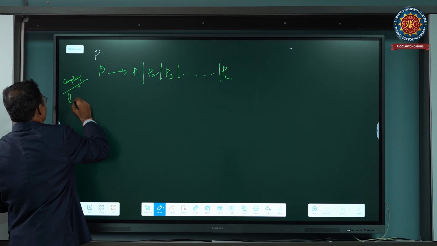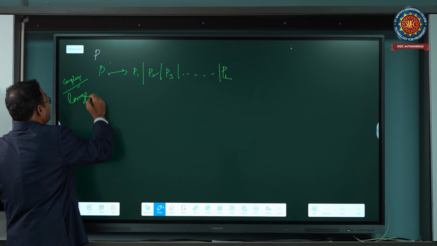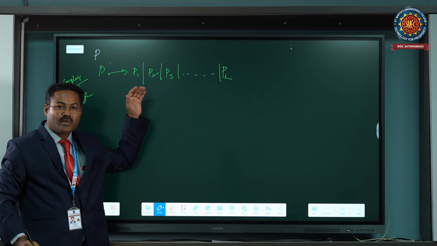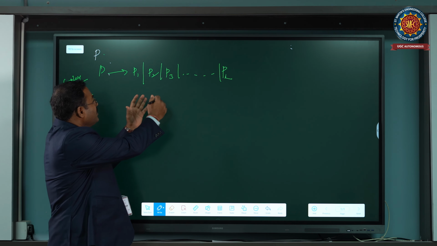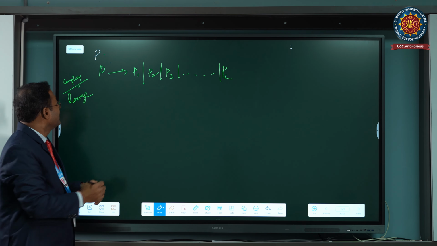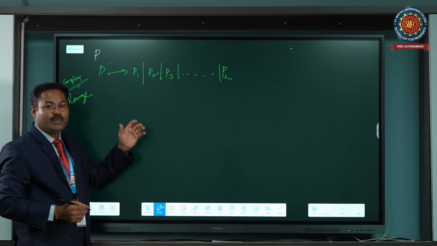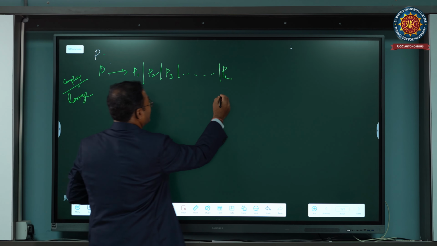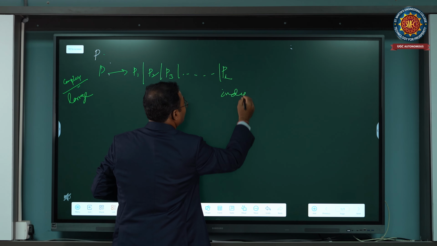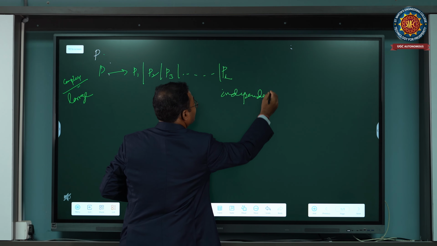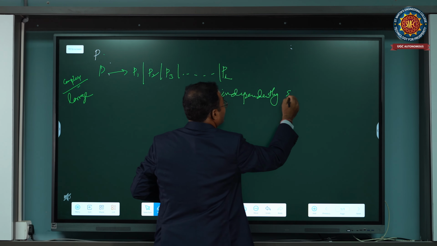We are dividing the problem P into different subproblems P1, P2, P3 and Pk. Then we have to solve P1, P2, P3, Pk independently and in parallel.